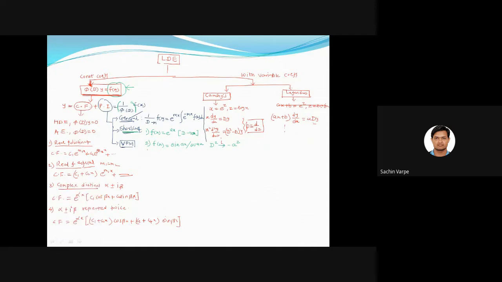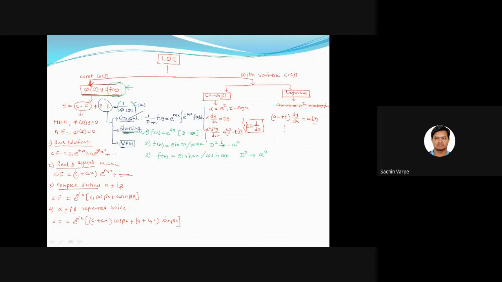Then the third one, when f(x) is hyperbolic cos or hyperbolic sine function, then what do we do? We replace d square by plus times a square. Or there is an alternate method we have discussed: we can write sine hyperbolic and cos hyperbolic in terms of the exponential function, and then use the first case only.